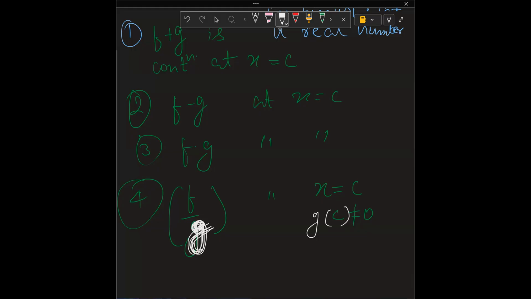So if your f and g individually are continuous functions at any real number, what you will say? You will say that your algebraic functions like f plus g, f minus g, fg, and f over g, all the functions are continuous at x equals c. Yes. Alright.